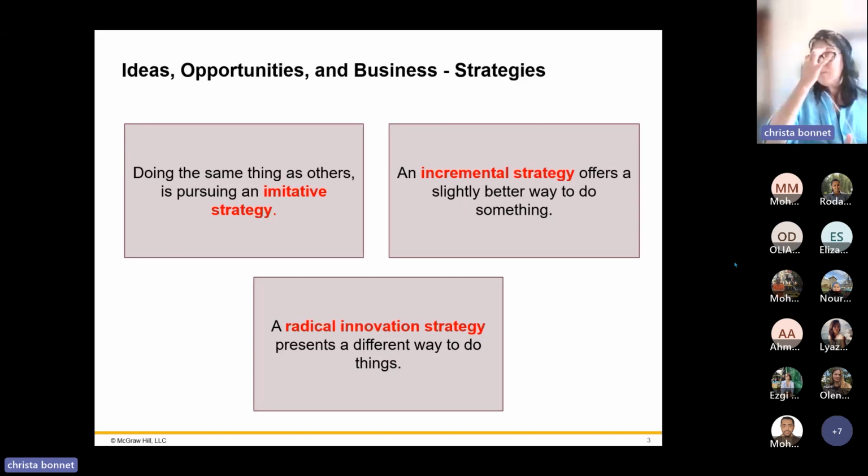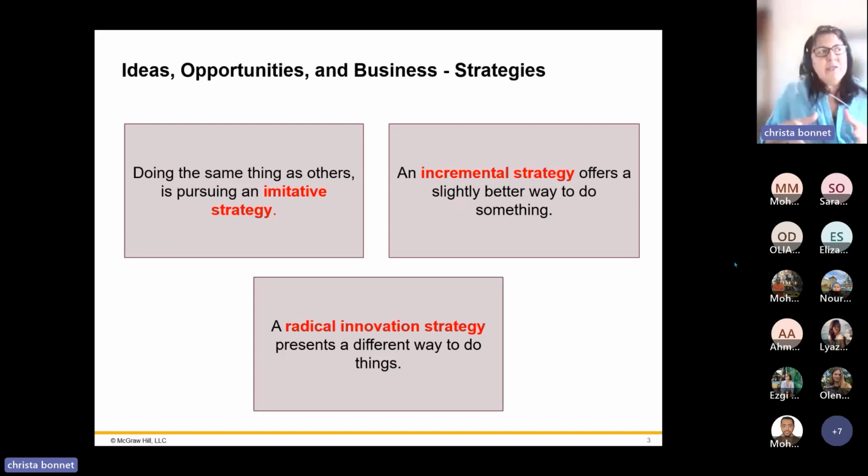That means you are doing a very similar thing to another company, so it's like you copycat in a way, but then it's a question of whether it will work. Maybe you want to copy a strategy that has worked in the US but is not applicable in Ethiopia, and you think this can also work very well in Ethiopia. That is what the imitation strategy is.